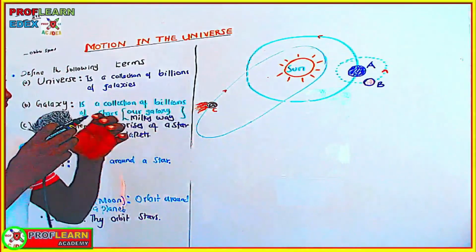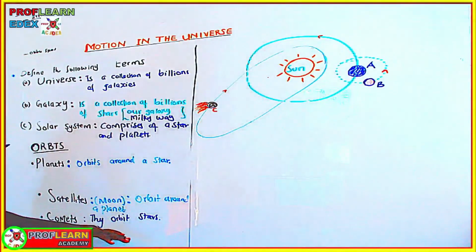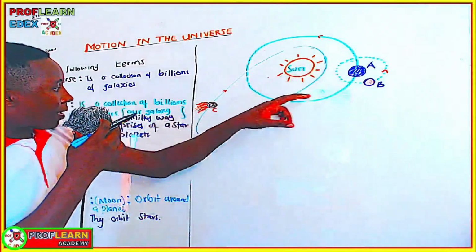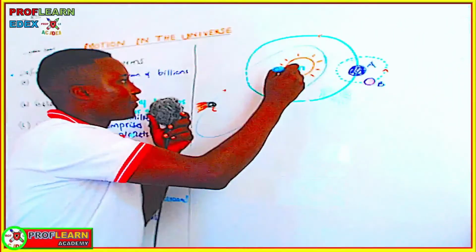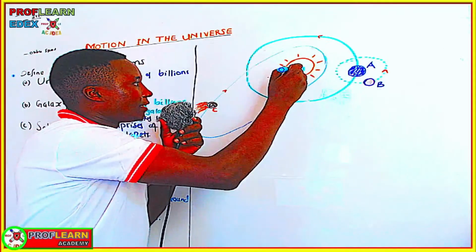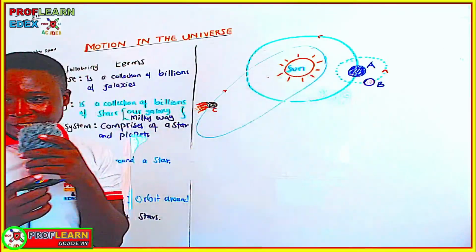Now these are different orbits that we have mentioned here. So you have body A, body B, and body C. We are given that the sun is at the central point.